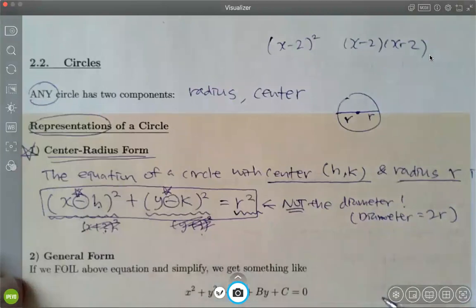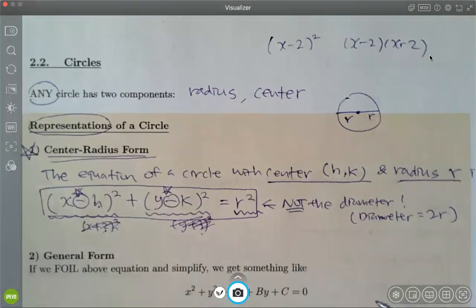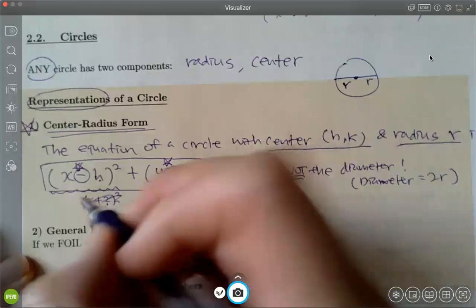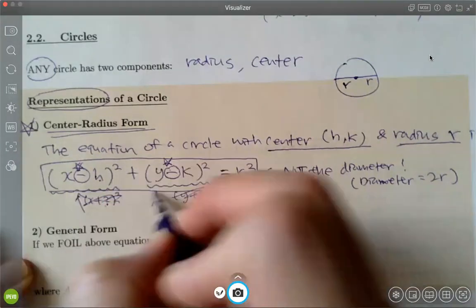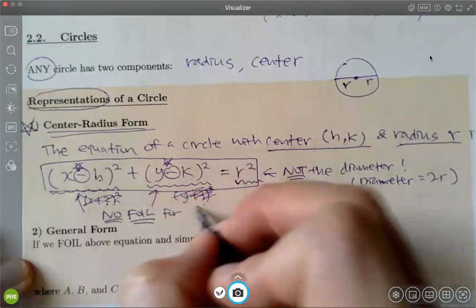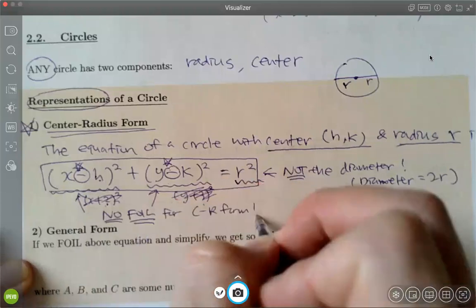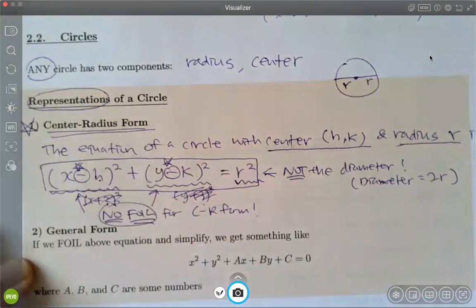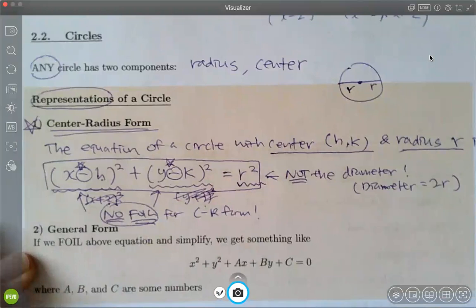And the answer is not for the center radius form. You don't FOIL at all. You just leave it as it is.